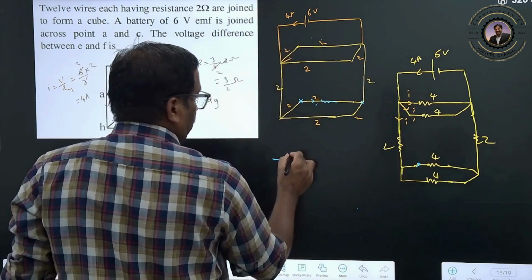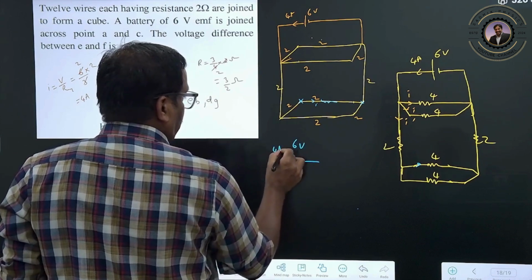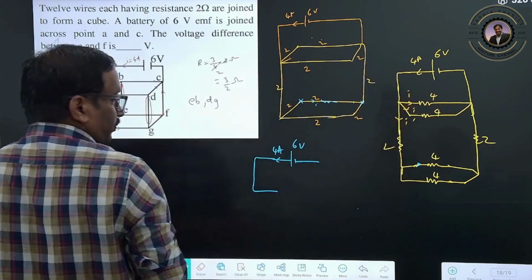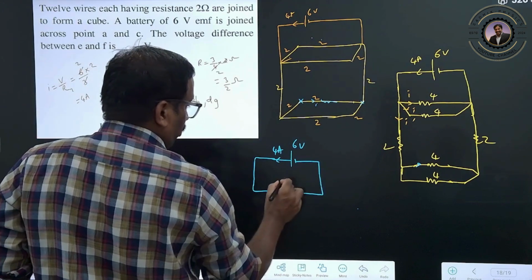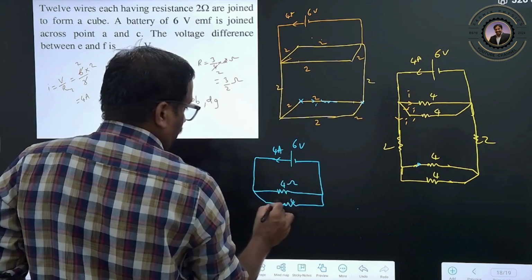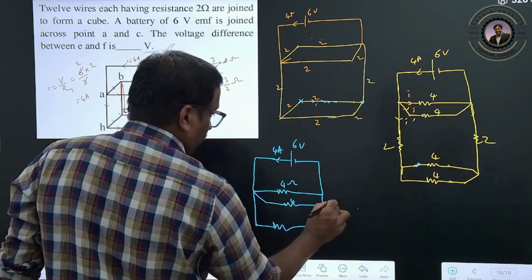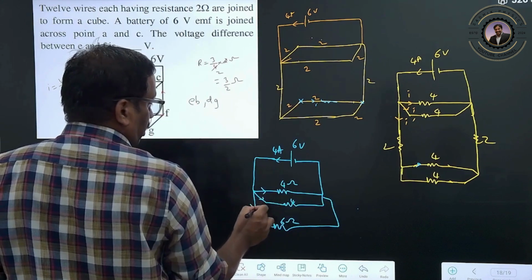Here this is 6 volts and this is 4 ampere. Let us take this as 4 ohms, this is 2, therefore here it will be 6 ohms. The current will get divided here.